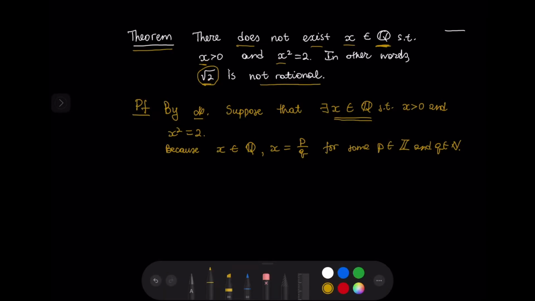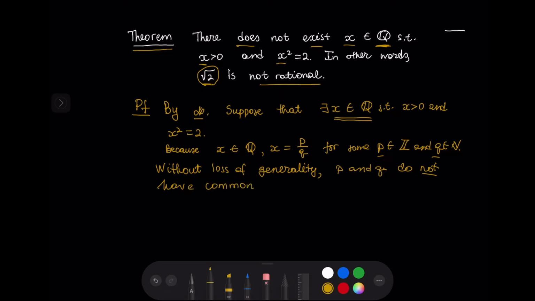So without loss of generality, we can assume that p and q do not have common factors.